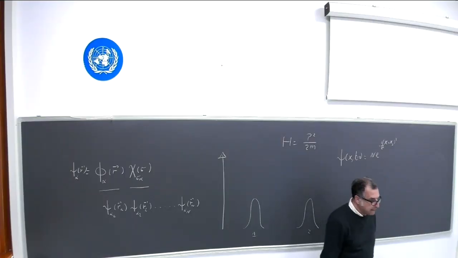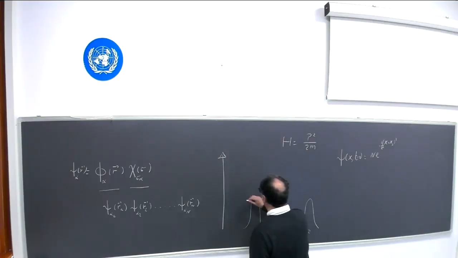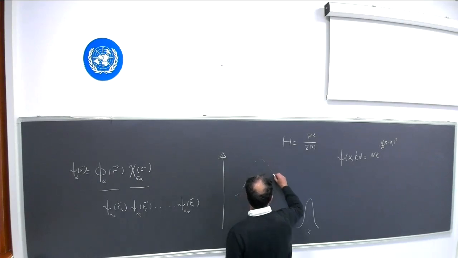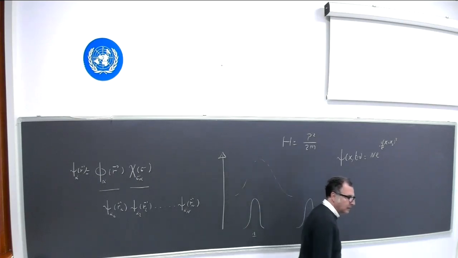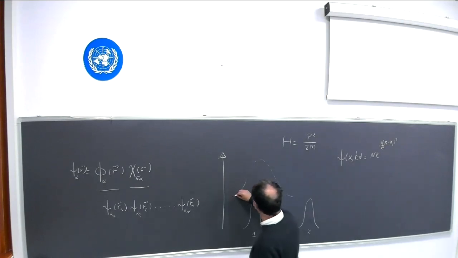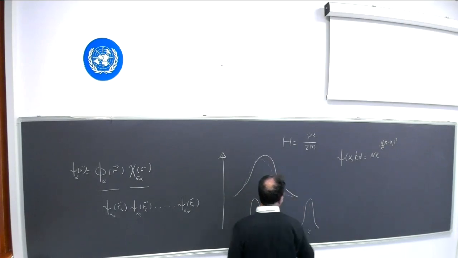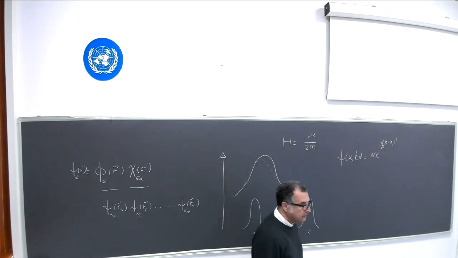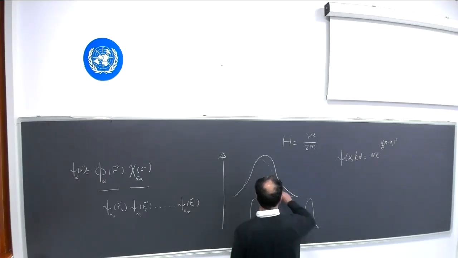So it spreads. So when it goes with time, it becomes large. I'm exaggerating, otherwise I cannot use the blackboard. Do you see this? Okay. So the second one will do the same.